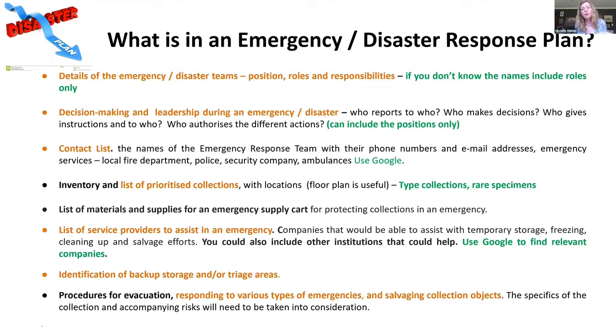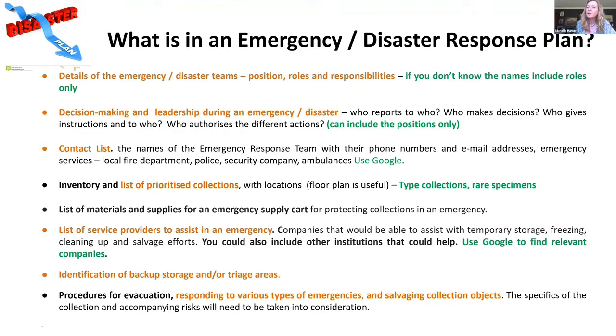And then for your proper full emergency response plan, you'd have a whole inventory of all your collections. But for this, we're really just asking for the list of prioritized collections with their location. So a floor plan would be very useful, but if you don't have that, then you don't have to put it in. But you need to say on the 3rd floor, room 206, in wing whatever of the whatever building.